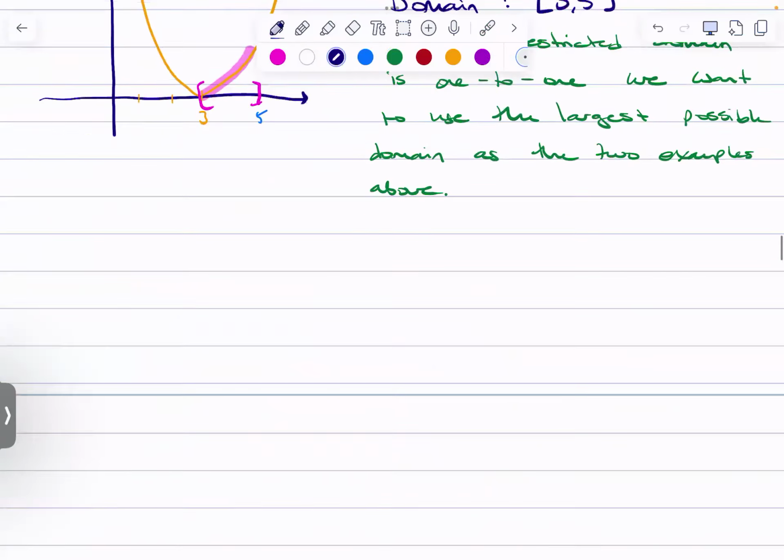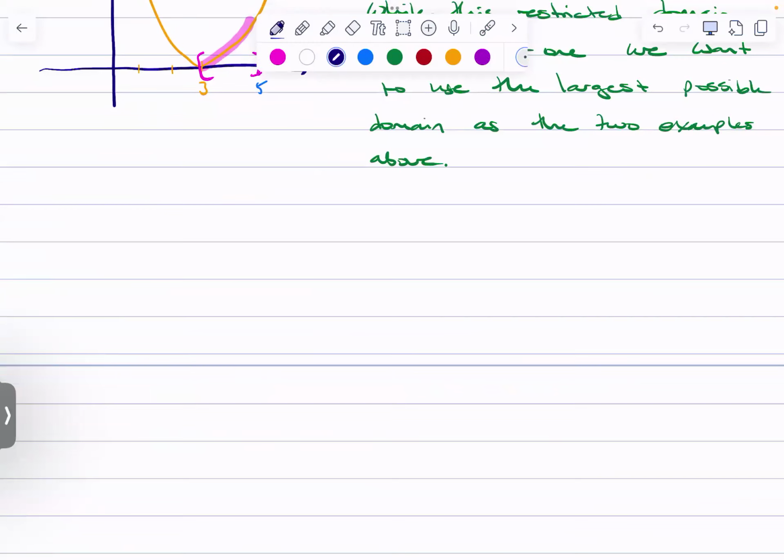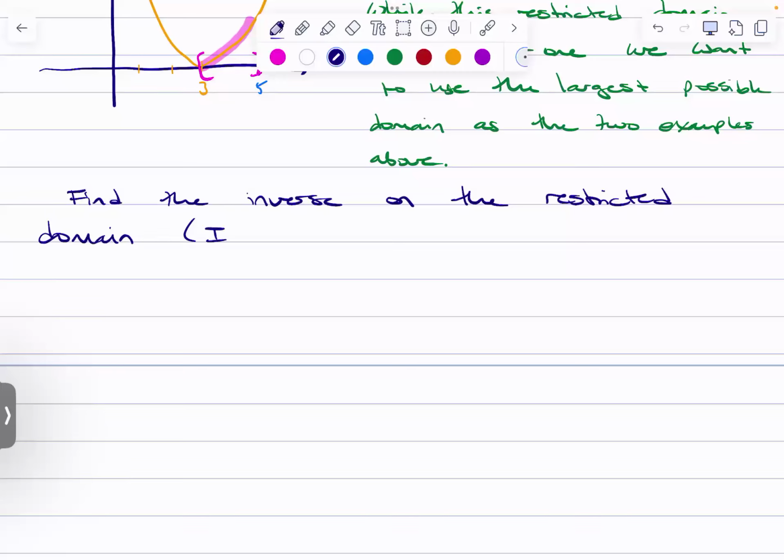So now, find the inverse on the restricted domain. I'll say I will use 3 to infinity, but I'll point out where it would be different if you wanted to use negative infinity to 3.